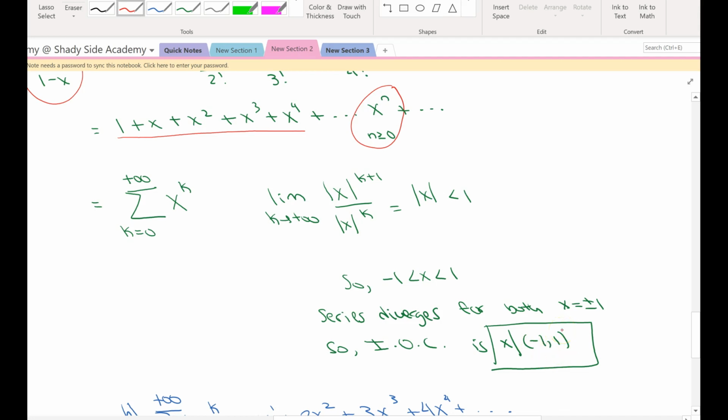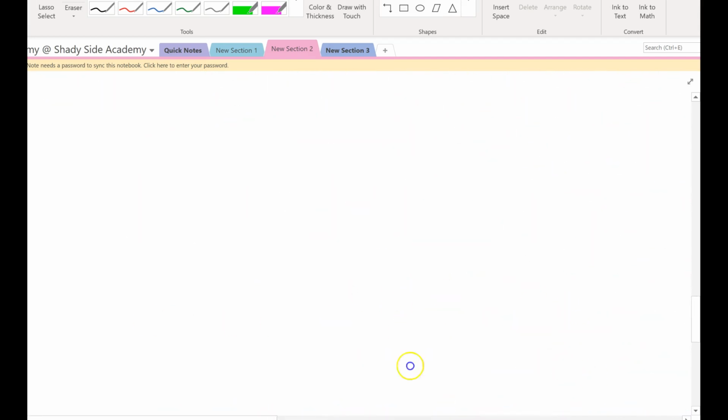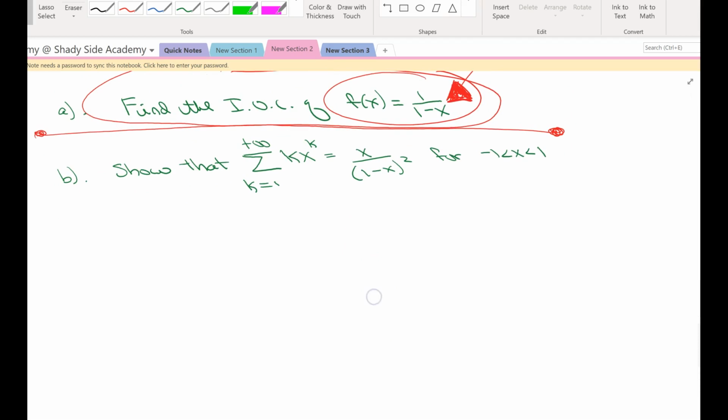All right, part B is where things get a little bit juicy. Part B is just this question, and I actually pulled this from your text, but the way they lead you here, I don't think is particularly satisfactory, but let's neither here nor there. The question says, show that this sum equals this based on your work above.